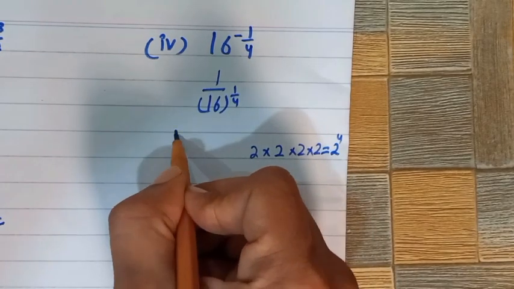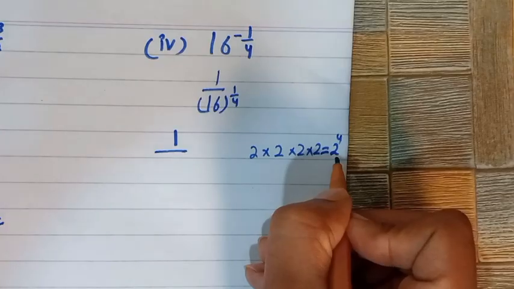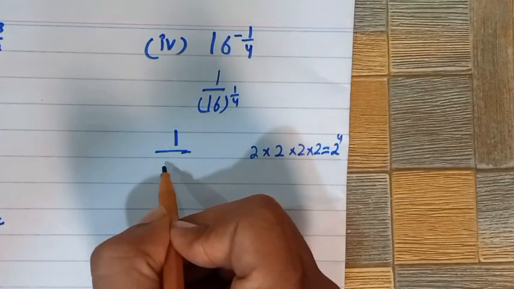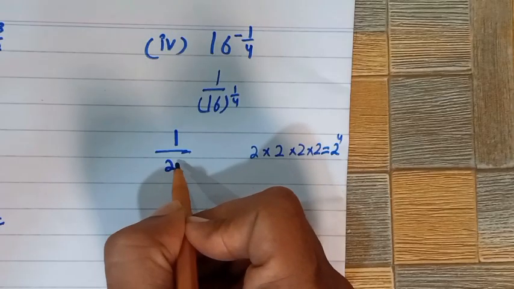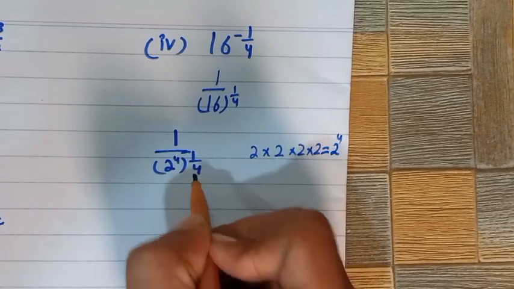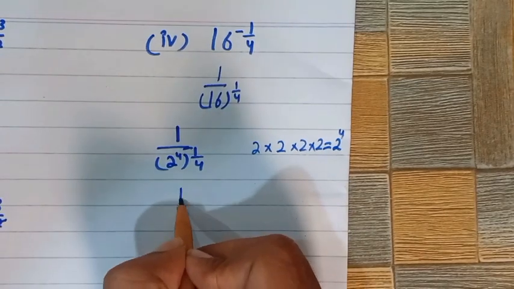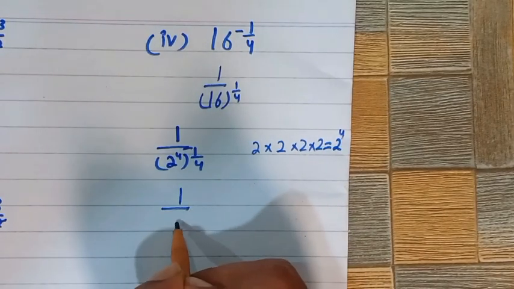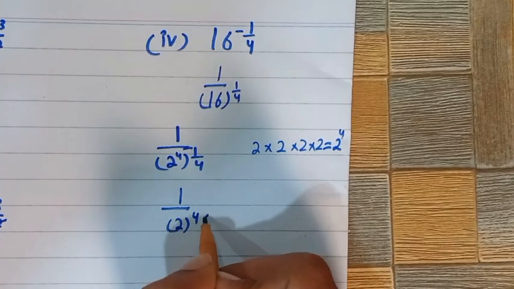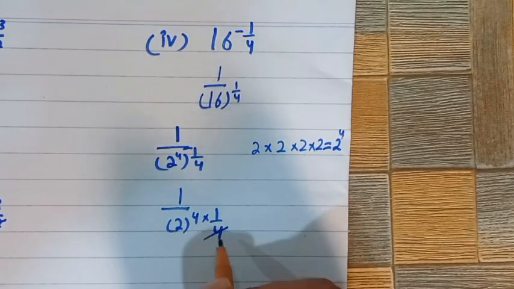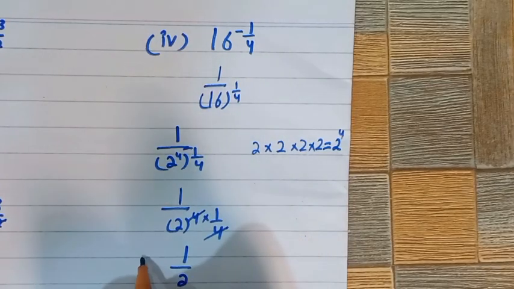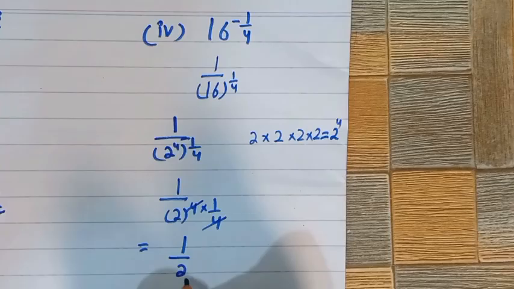Here I will bring it in index and exponential form: 1 over 2 power 4, power 1 over 4. Further I will simplify it again. 2 bracket power 4 multiply 1 over 4. So this 4 will be cut with this 4. So what remains? 1 over 2. So this is my answer.